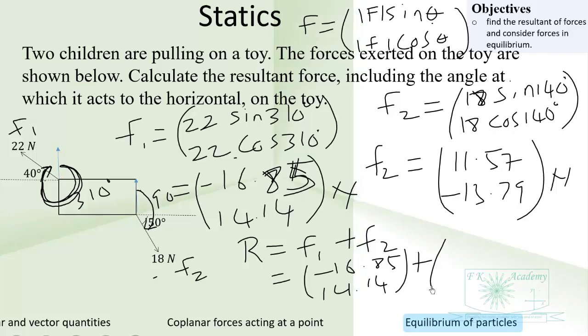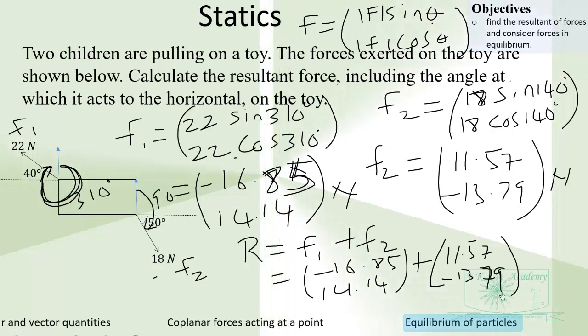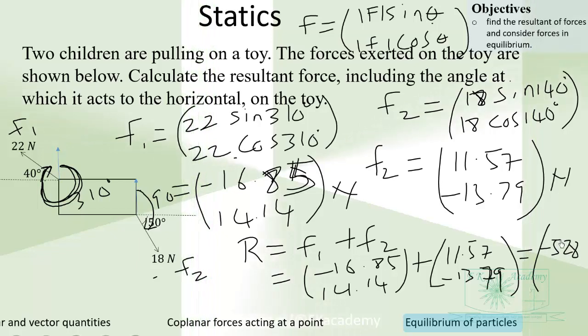We add it to 11.57, then negative 13.79. And when we simplify this, it will give us negative 5.28 and 0.35.